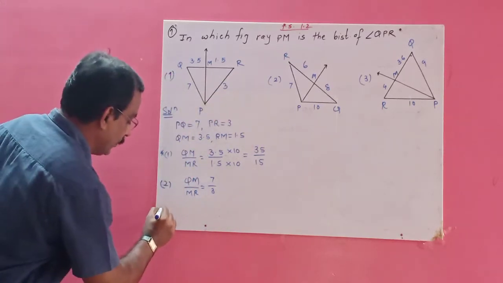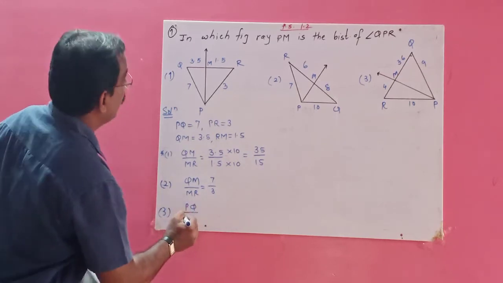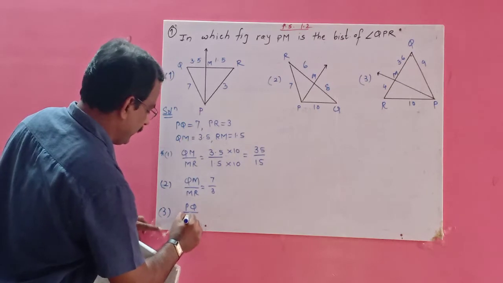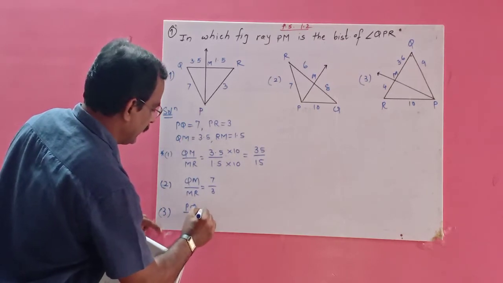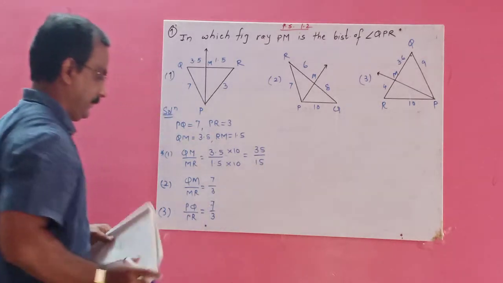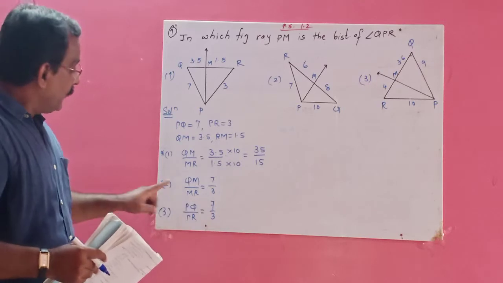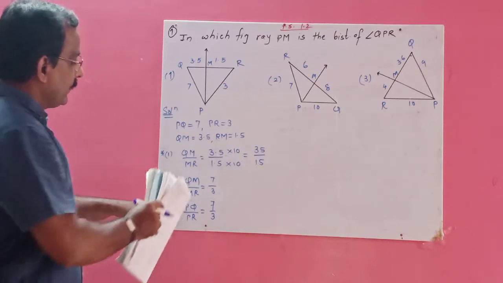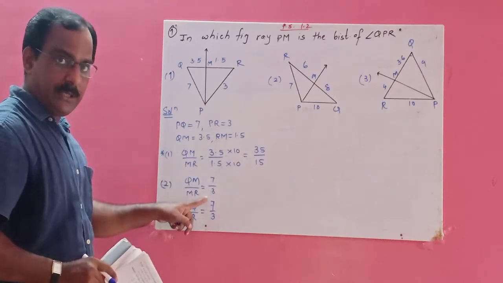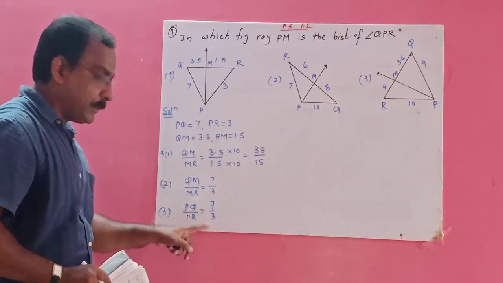So PQ upon PR is 7 upon 3. Point number 2, QM upon MR is 7 upon 3. Point number 3, PQ upon PR is 7 upon 3.